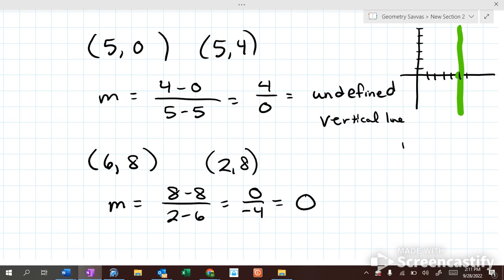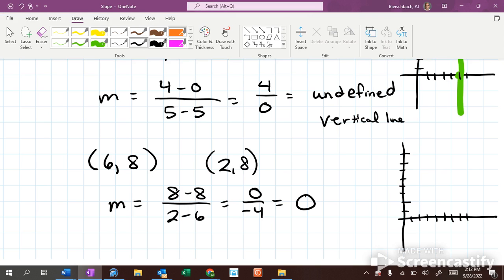So if we had a 0 slope here, 1, 2, 3, 4, 5, 6, 7, 8. 6, 8 is right here. I'll change colors again.